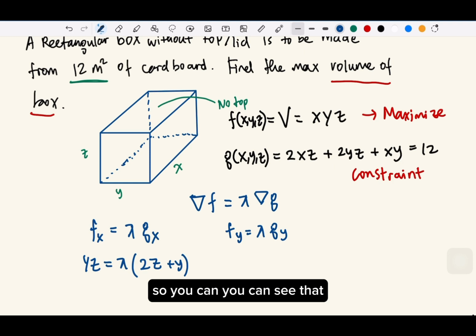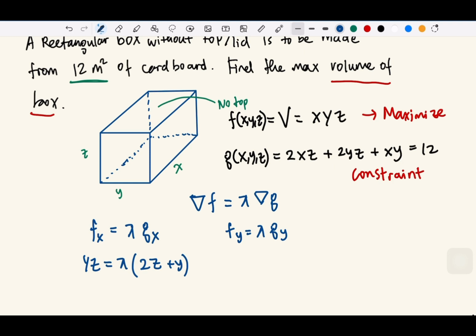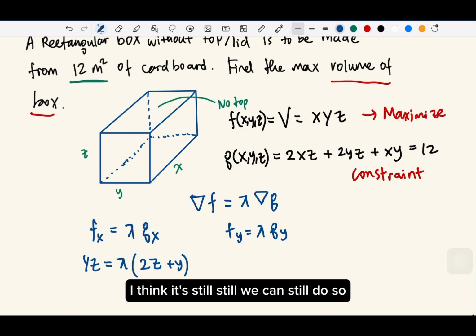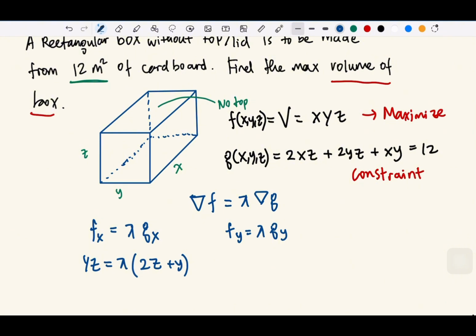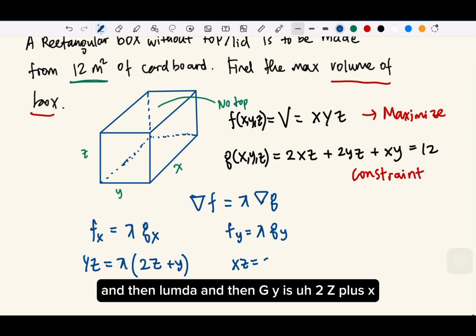You can see that again we have a little bit complicated, but I think we can still do it. The process can sometimes be easy, sometimes complicated, and you could choose which method you prefer. And then partial y is xz equal lambda, and gy is 2z plus x.